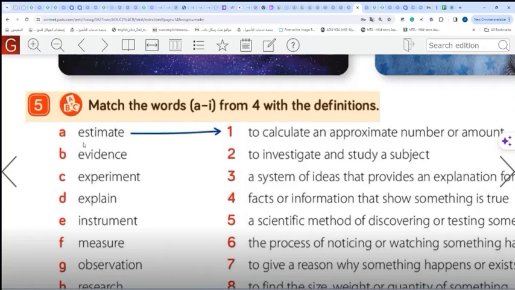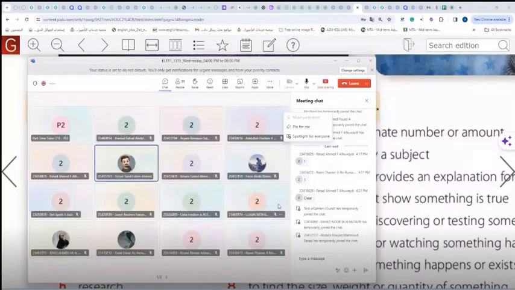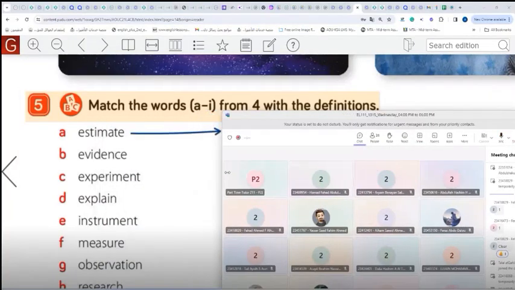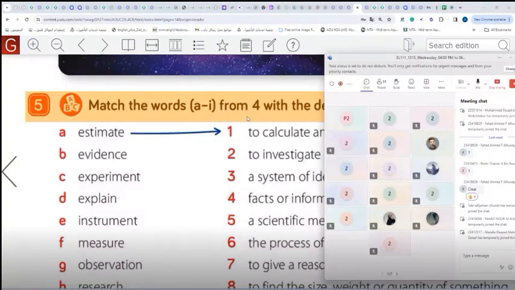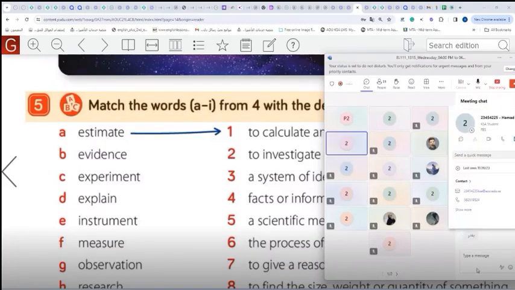Again, could you translate the word estimate here? What do you mean by estimate? تقديرا. Okay, but here it's a verb. It's a verb, brother. قدر.